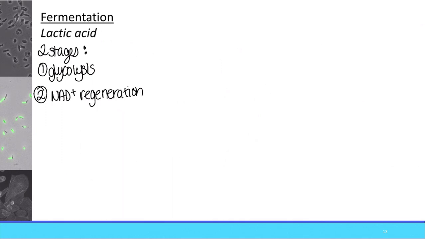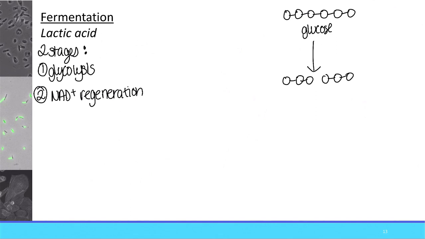And just like we did on the right of this page, we are going to draw our lactic acid fermentation. So we're going to start with glucose. Stage 1 is glycolysis. So in glycolysis, we're going to split that glucose to 2-pyruvate.